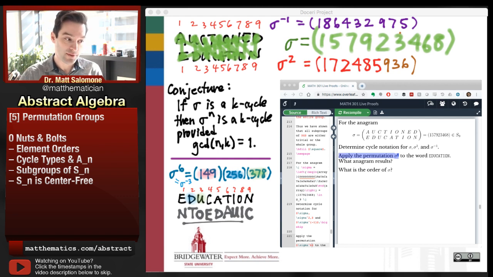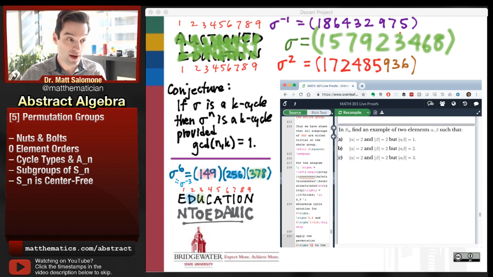What I want to do next is to think more deeply about the concept of order. One of the main things that I've been trying to stress is that the order of elements in a permutation group is completely determined by the cycle type of those elements.